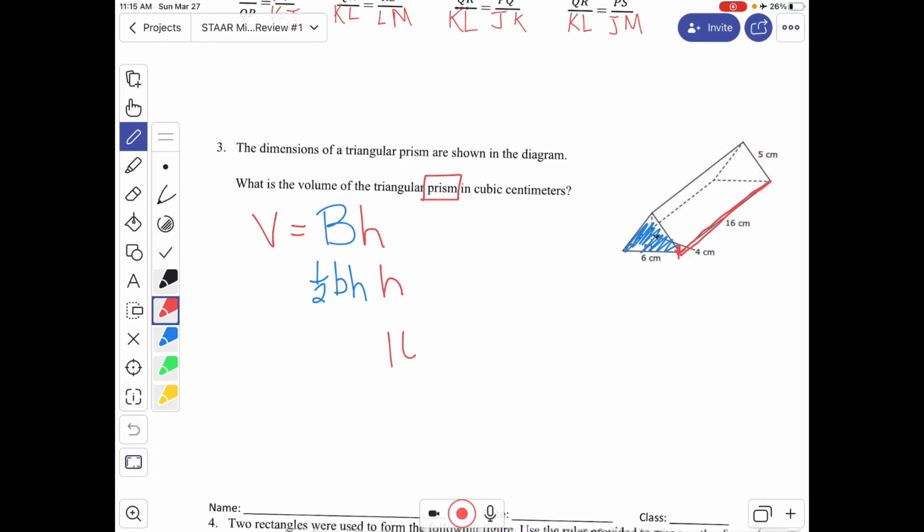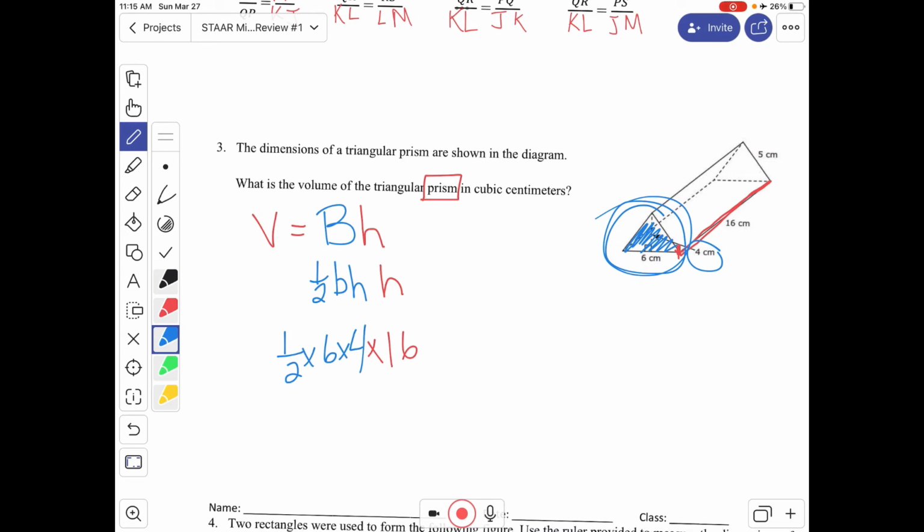So that's going to be 16. And then I need to plug in the other numbers based on the base. 1/2. And the base of the triangle is 6, and the height of the triangle is pointing to the 4.